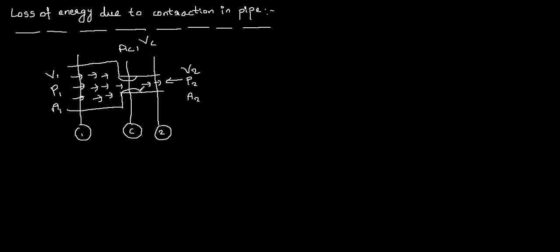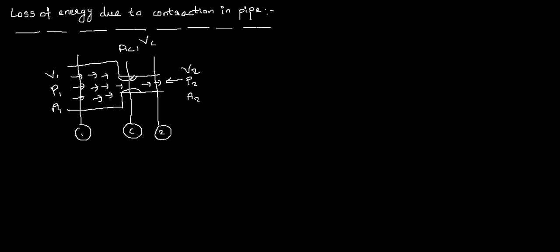How the flow pattern variation is taking place means here slowly the cross-sectional area is decreasing and increasing. Okay, so decreasing and increasing again here, that means we can consider that whatever the loss of energy taking place due to the cross-sectional area variation, that is the contraction in pipe, that can be equal to the loss of energy due to the enlargement in the cross-sectional area. Why?